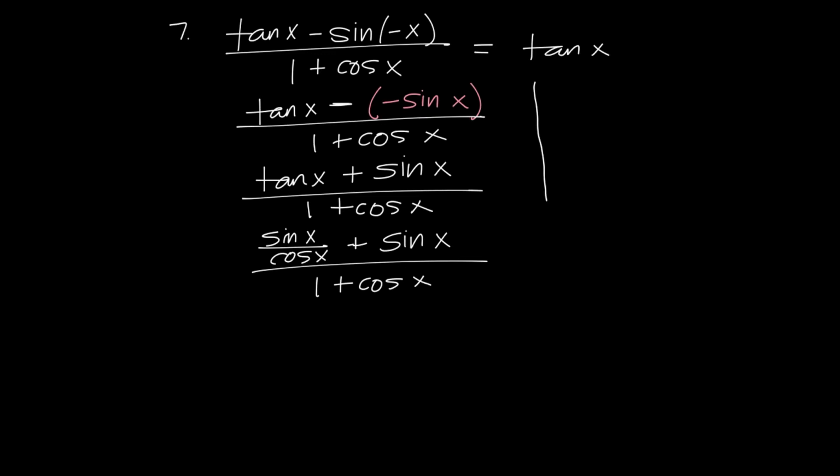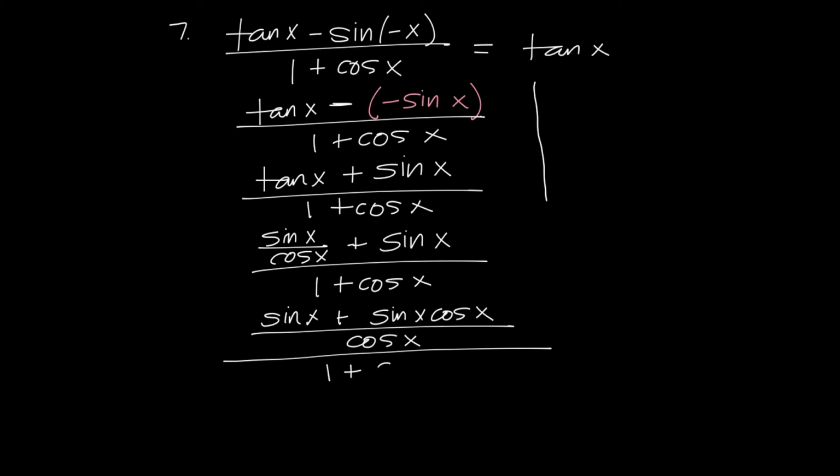Then I'm going to use common denominators to combine the numerator. The two terms that are in the numerator right now, we are going to combine them using common denominators. So what we have is sine x plus sine x cosine x over cosine x all over 1 plus cosine x.